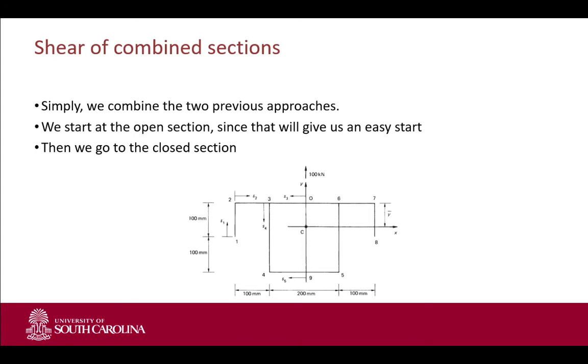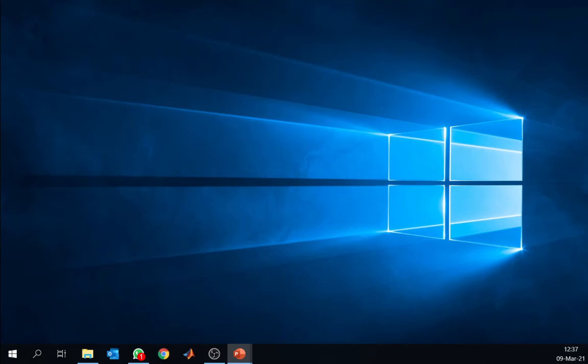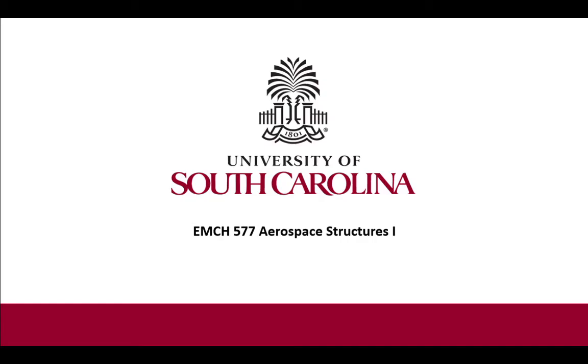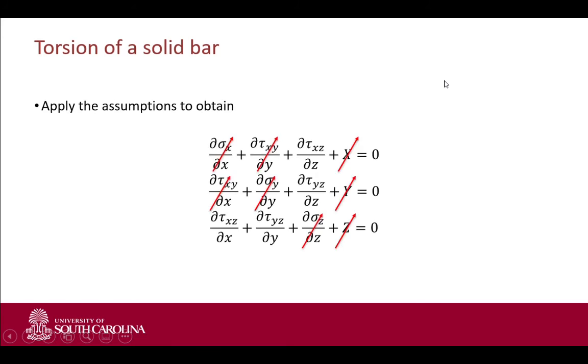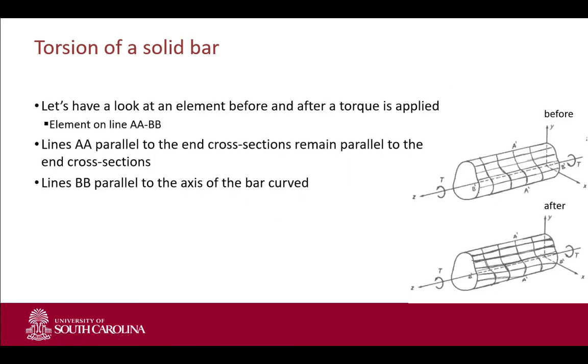In this case, we're going to revisit the torsion section. And now we're going to focus on torsion of thin wall structures as well. So torsion, in the beginning we focused on solids.